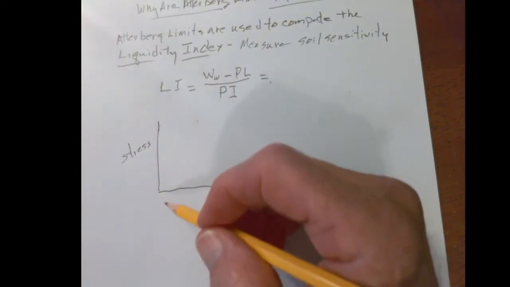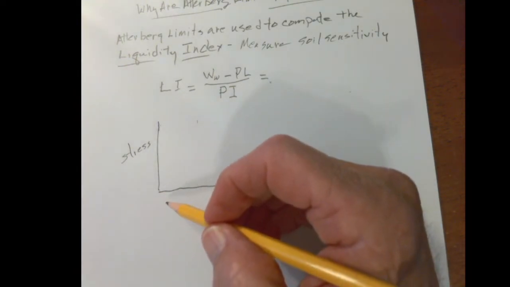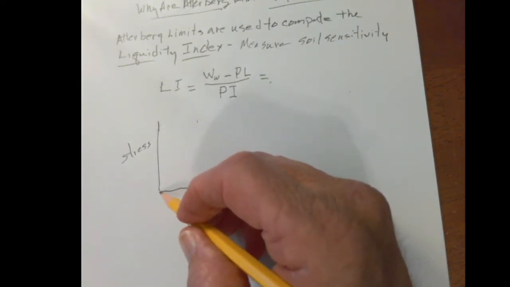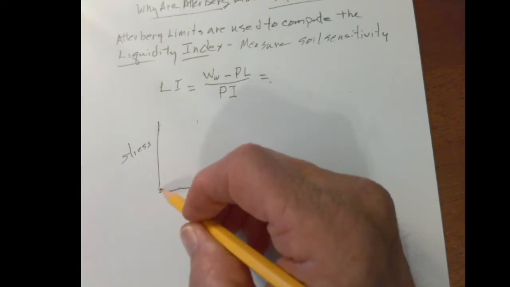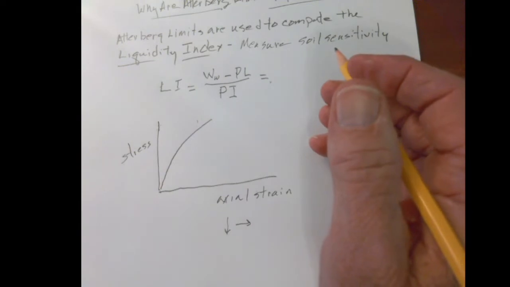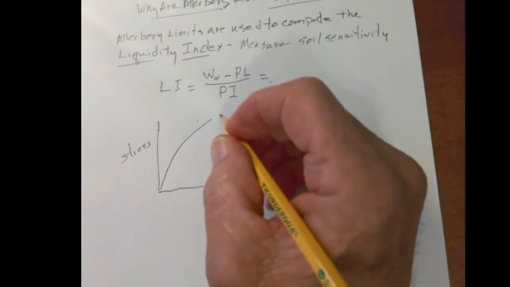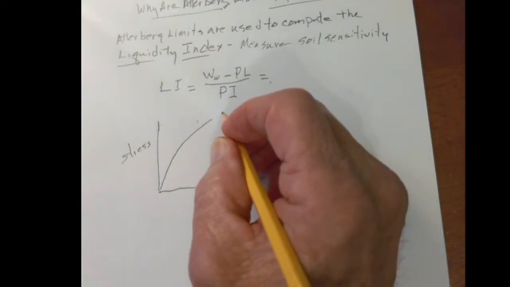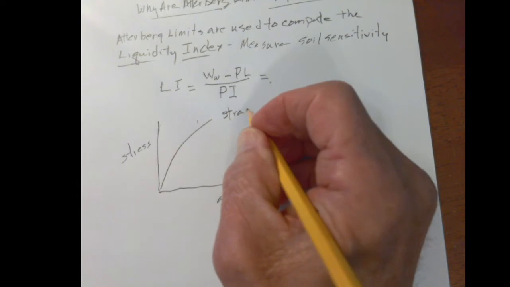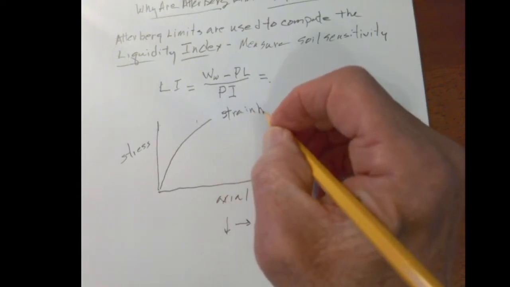So I saw in the book that there were attempts to have me understand, but I had to go elsewhere. It showed a curve like this. And the book labeled it in the little table as strain hardening.